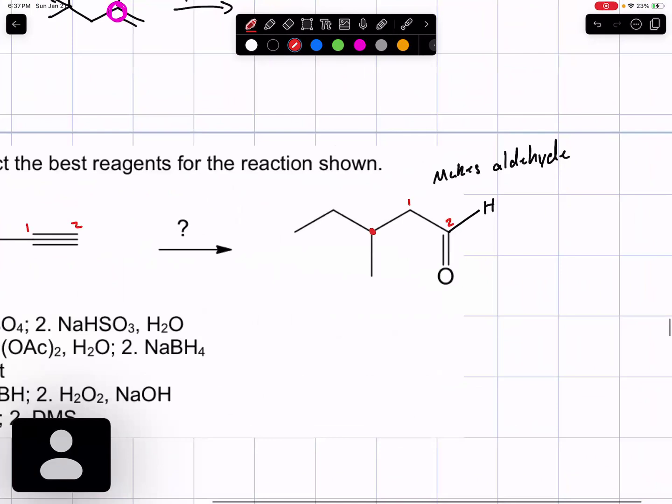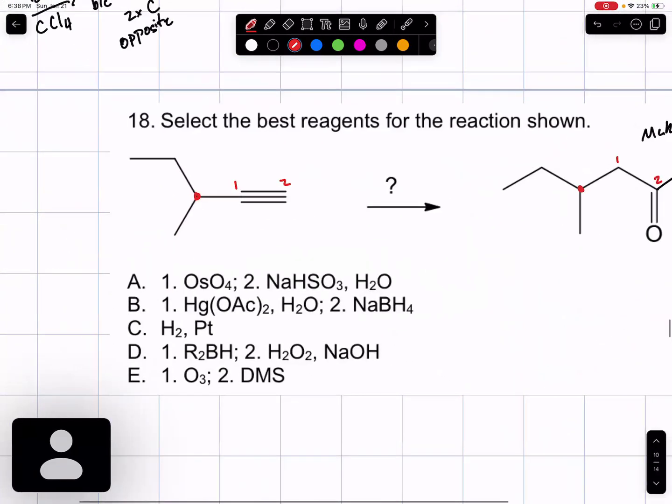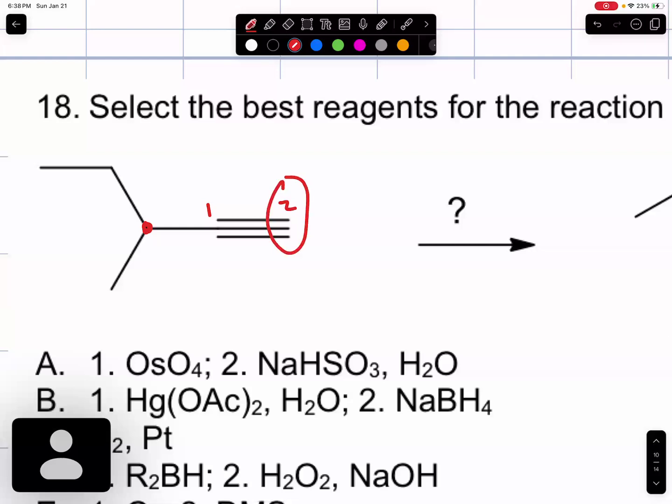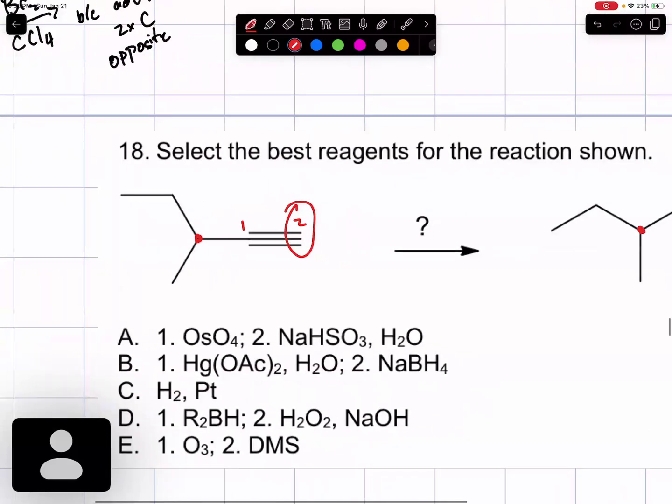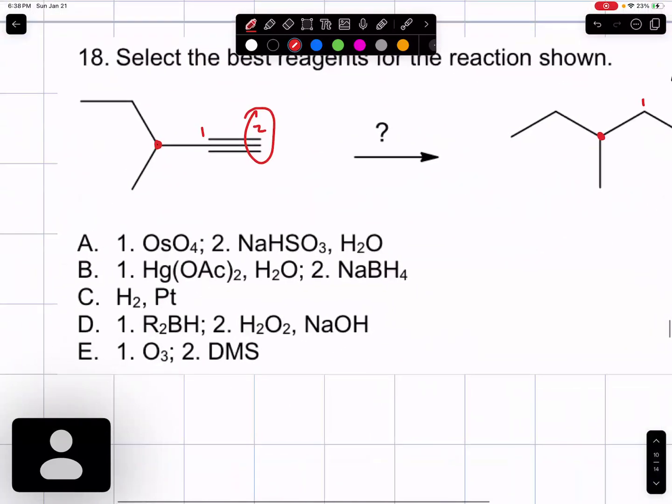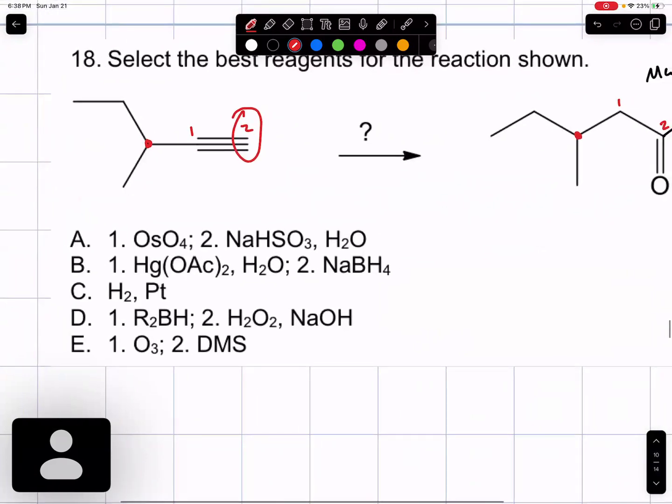There's no more carbons past 2, so we know that it added to the terminal position. Because it added to the terminal position, which one of these reagents makes a carbonyl, in this case, because it's a terminal alkyne, makes an aldehyde at the least substituted side?